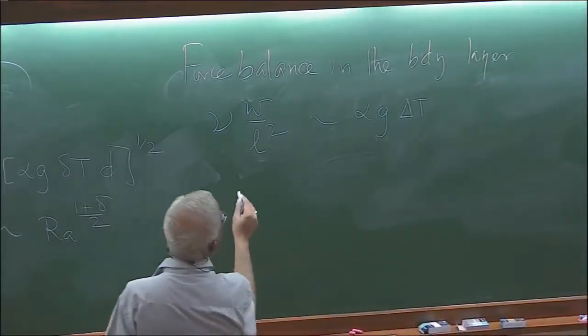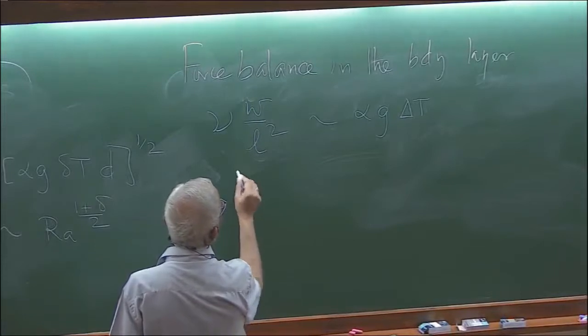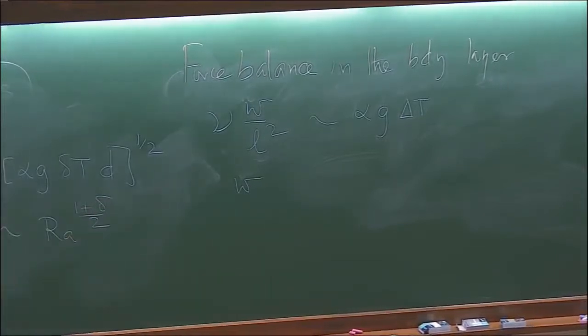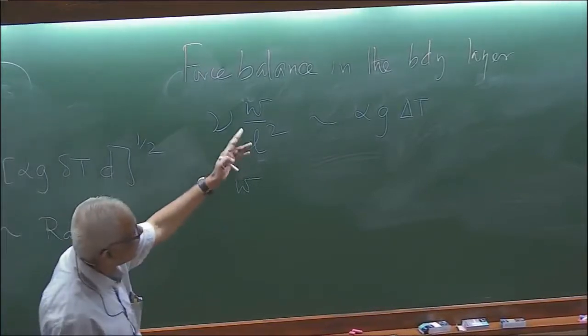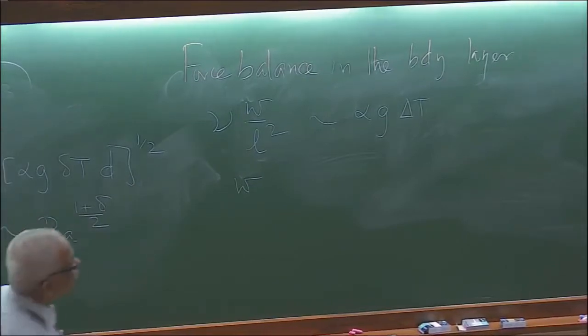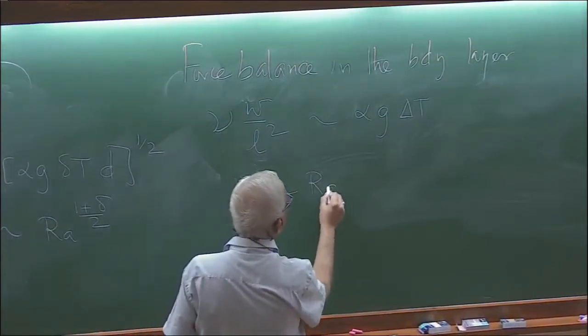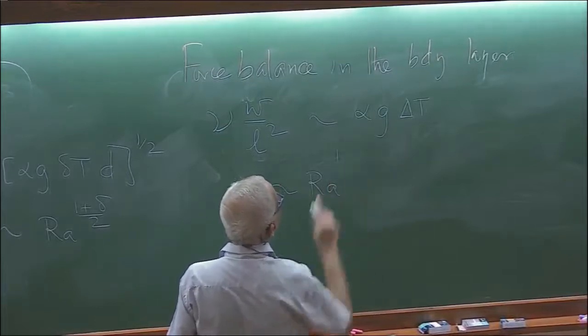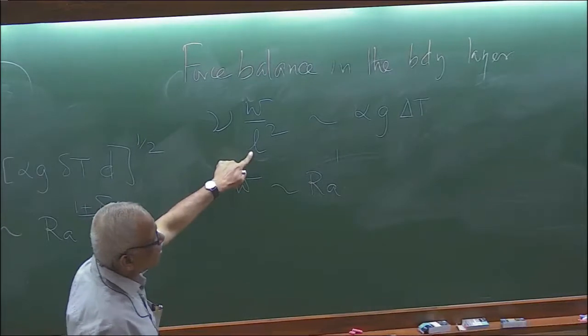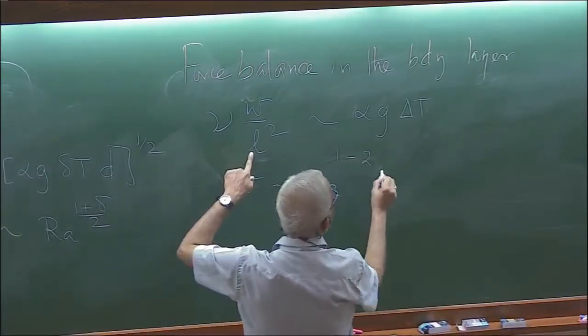Now that means that w, this is going to give you another estimate for w. You have 0 over here, w over here after a length L. So nu del squared velocity is estimated as w over L squared. So this is like Ra to the power 1 coming from here. And then it is L squared. So this is 1 minus 2 beta.